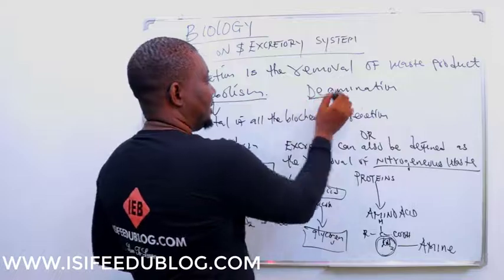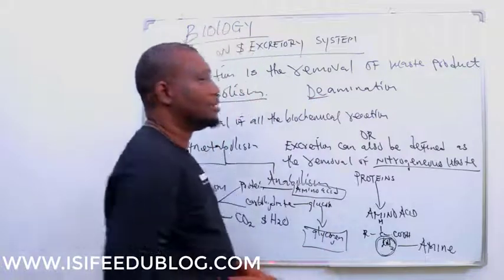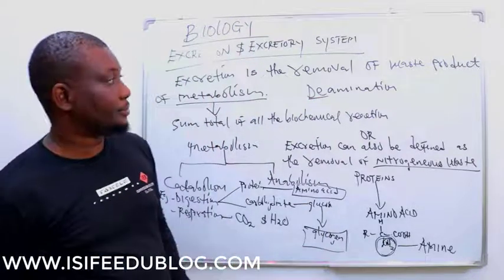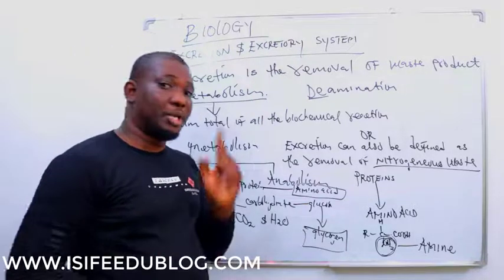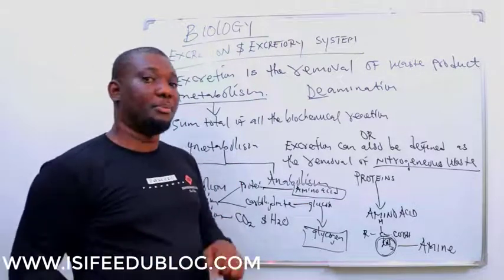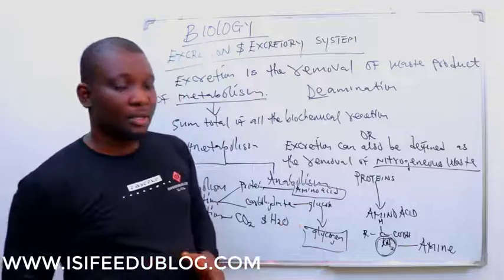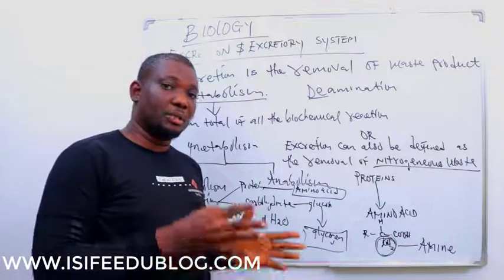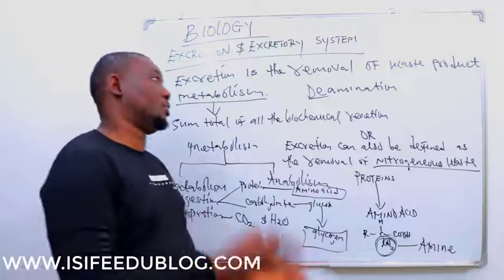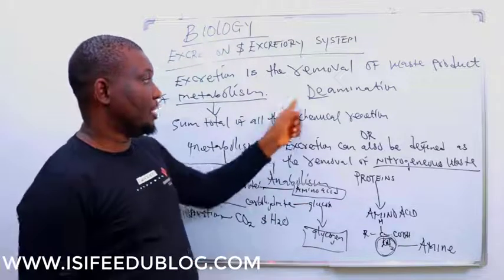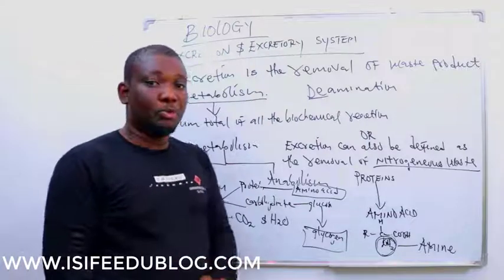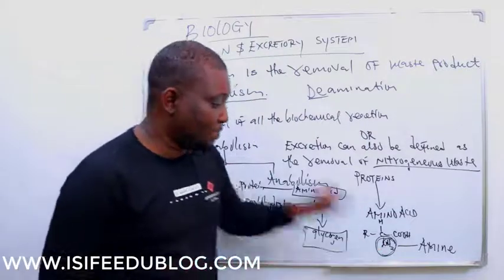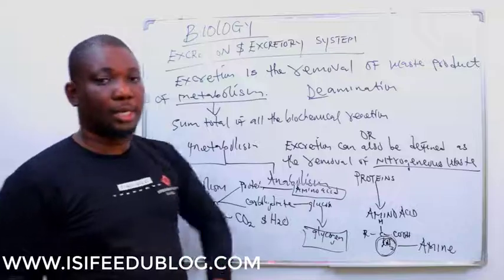The prefix de- here means removal or breakdown. The opposite of deamination is amination. So deamination is the process that involves the removal of this amine, since it is toxic.